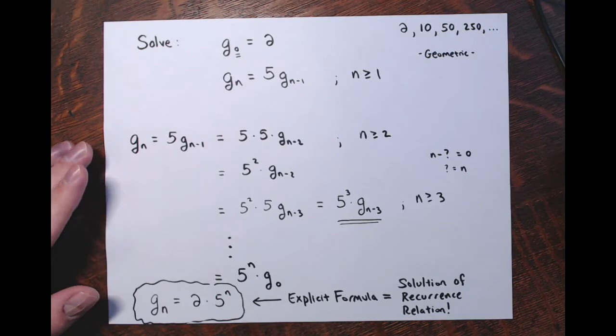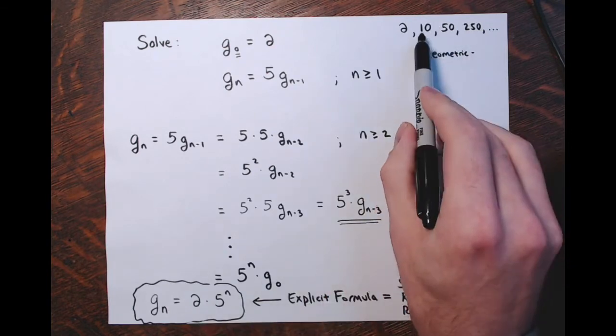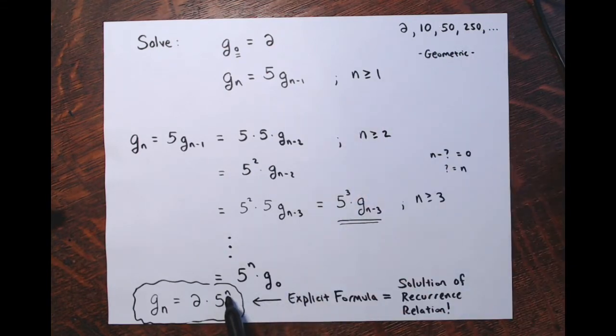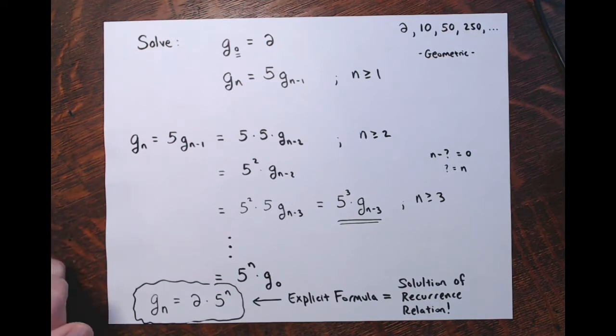And you can double check it. When n equals 0, you get 2. When n equals 1, you get 10. When n equals 2, you'd get 50. When n equals 3, you'd get 2 times 125, that's 250. The rule down here matches the sequence I get when I use the recursive rule, just like that Fibonacci rule earlier.